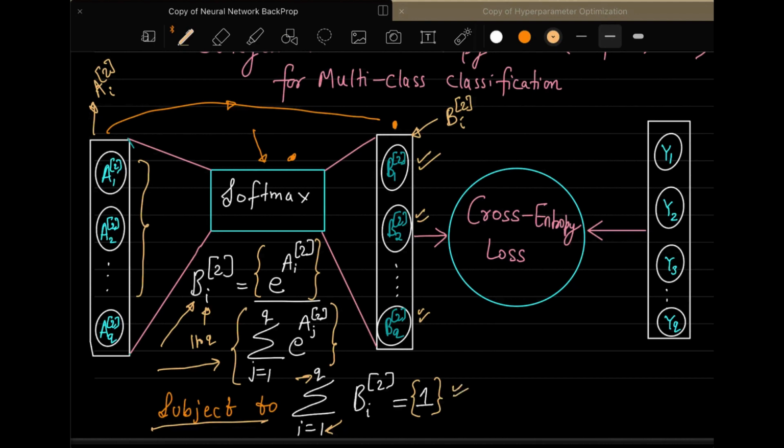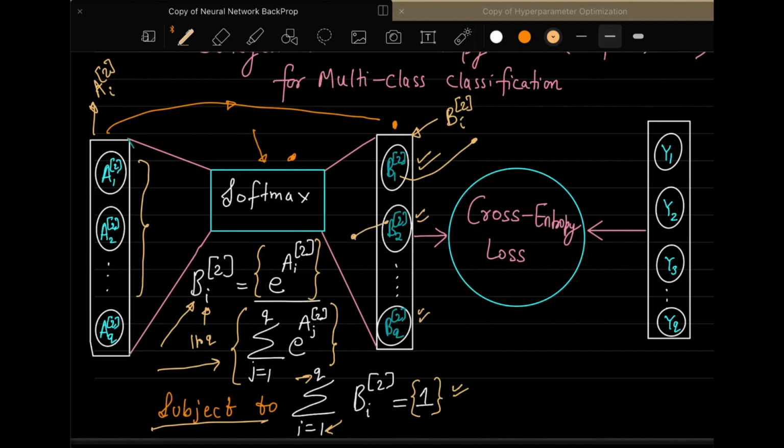So what softmax is doing is transforming the vector A to vector B, but all the values of that B, when you sum them up, will give you a value of 1. So it is in fact representing a probability. If this node is representing something, it is actually a probability. If this node is representing something, it is also representing a probability.